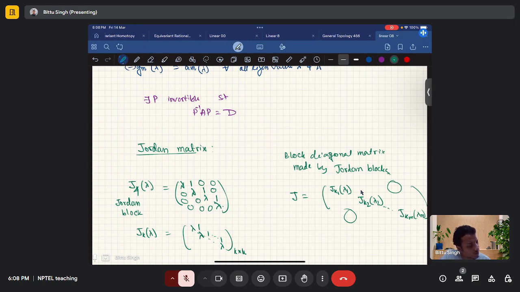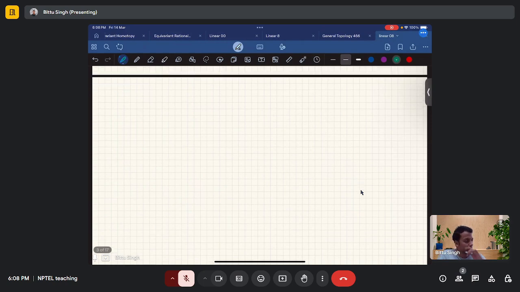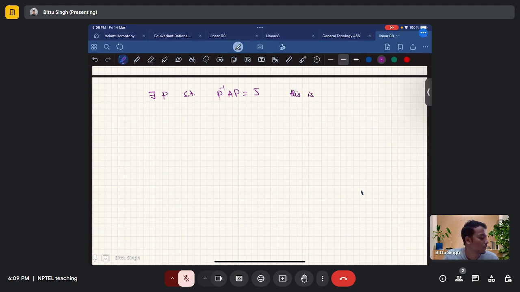Now, the interesting fact is that a matrix may not be diagonalizable, but it is always true that there exists some P such that P inverse AP is a Jordan matrix. This is always true, and those P are from a complete field, for example the complex numbers C. Otherwise this is not true.